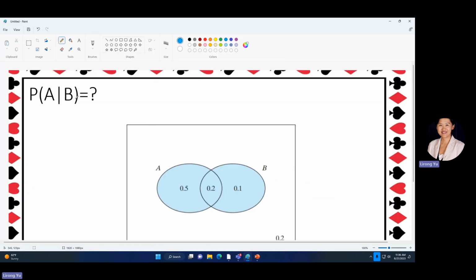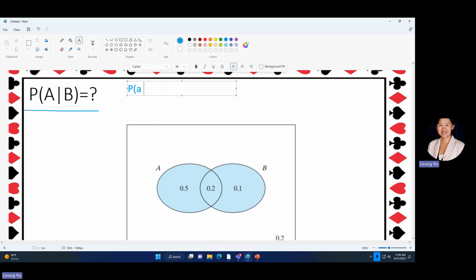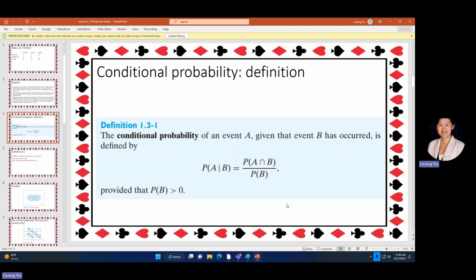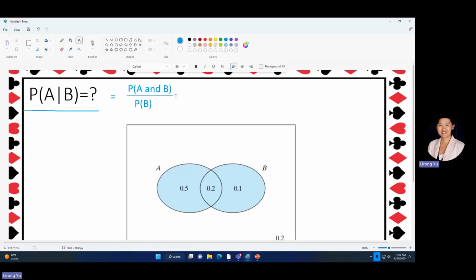if you want to calculate the probability of A given B, the numerator should be the probability of A and B, because you want to look at how much is A inside the B. So the denominator has to be the probability of B. This is based on the definition that we had earlier. So B will be the denominator, the numerator will be the probability of A and B, and then all you have to do is look at the actual number for each one of these.